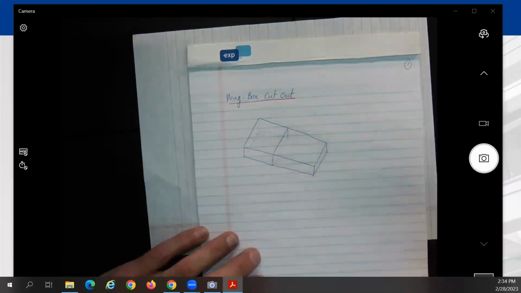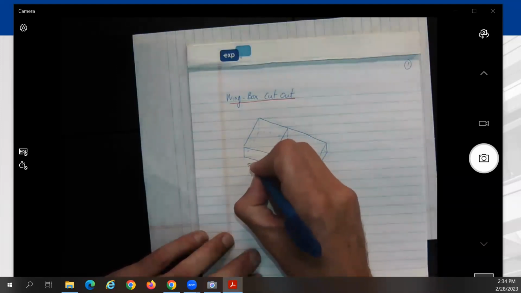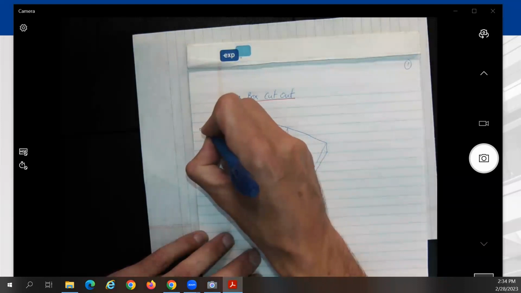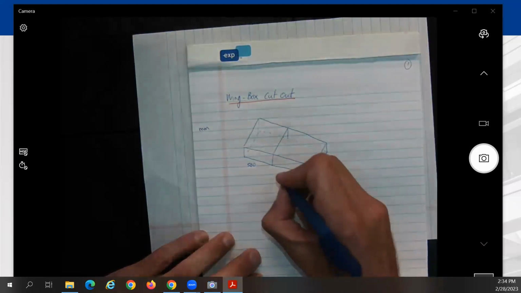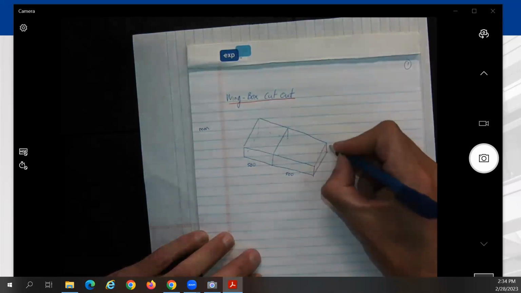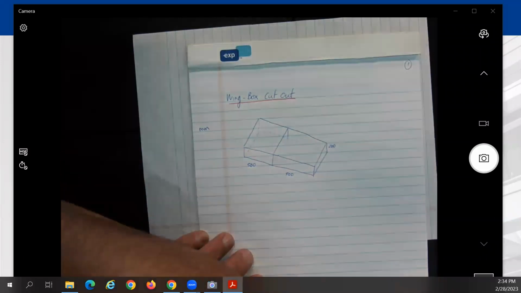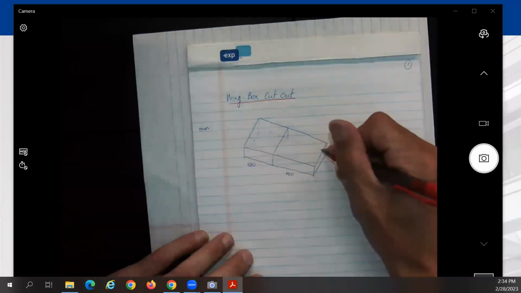You break it into two sections. So this length is 500 millimeters. Other distances will be in millimeters. So this is 500, 500. The height is 200.